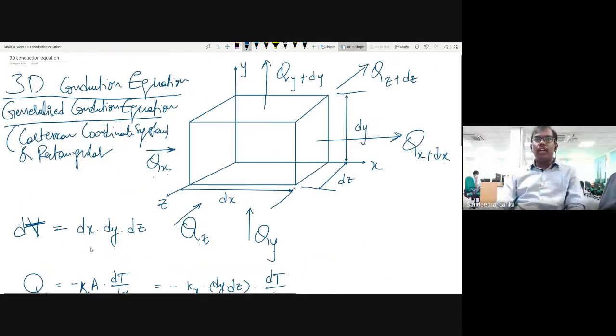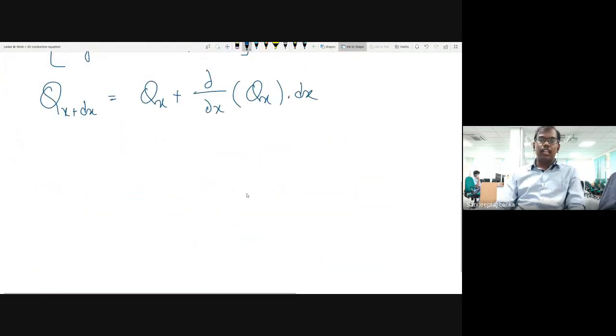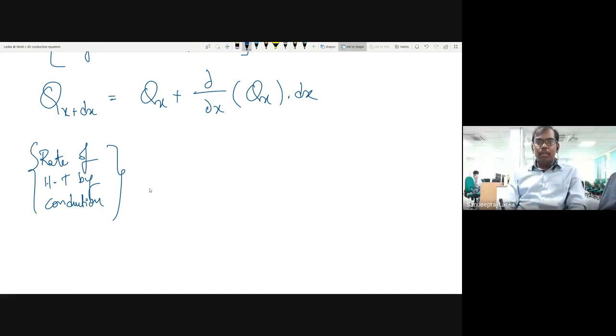Now, what I want to do is, I want to consider net heat transfer that is happening in three directions. And how do I take that equation? To account for that, I will take rate of heat transfer by conduction. So overall heat transfer I am taking here. And in that overall heat transfer, conduction will be one part. And then along with conduction, you will have rate of internal heat generation.